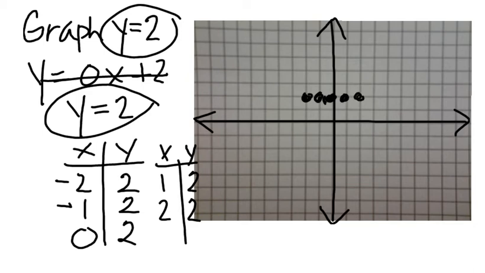Y is always 2. So what you're going to get is a horizontal line that is at 2 on the y-axis. So that is the line y equals 2.